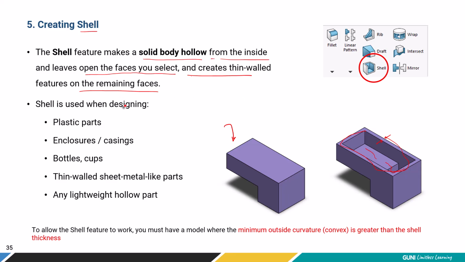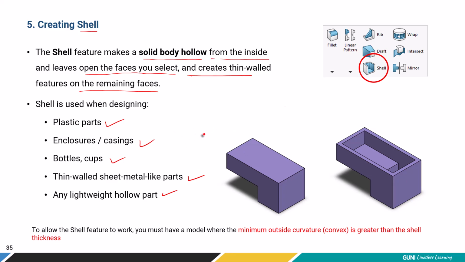Now where is the shell feature used? Basically it is used in plastic parts, enclosures, bottle caps, thin walled sheet metal parts and any light hollow part. Now remember, for a shell feature to work, you must have a model where the minimum outside curvature, that is convex curvature, is greater than the shell thickness.